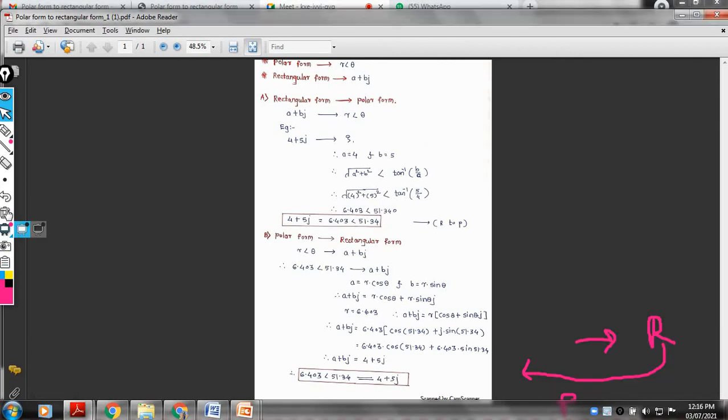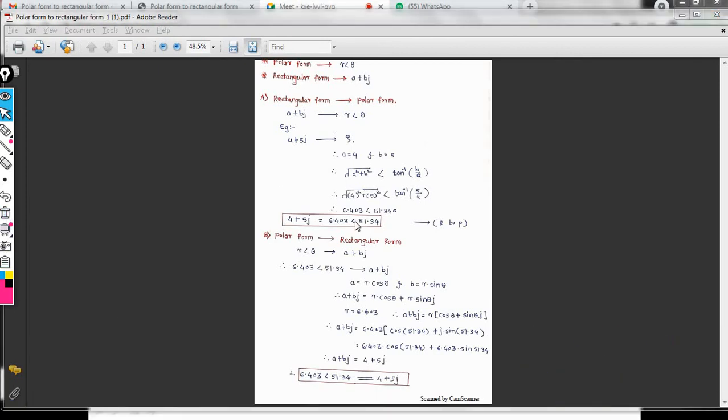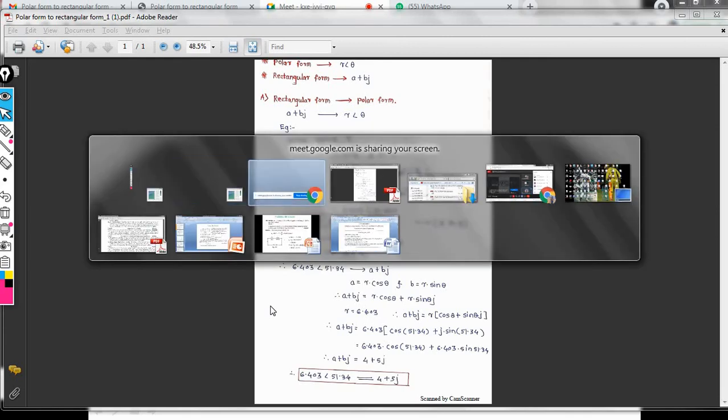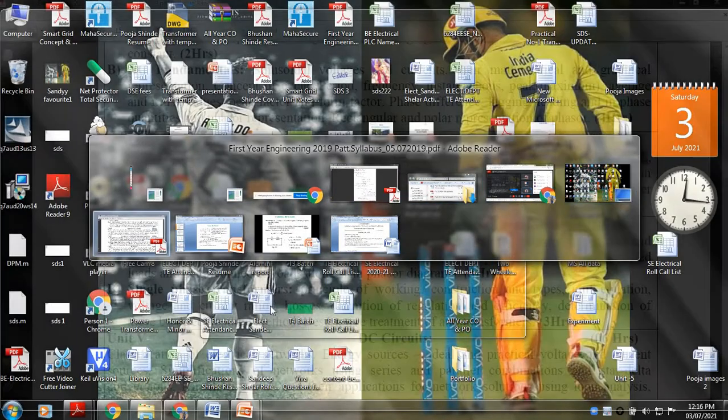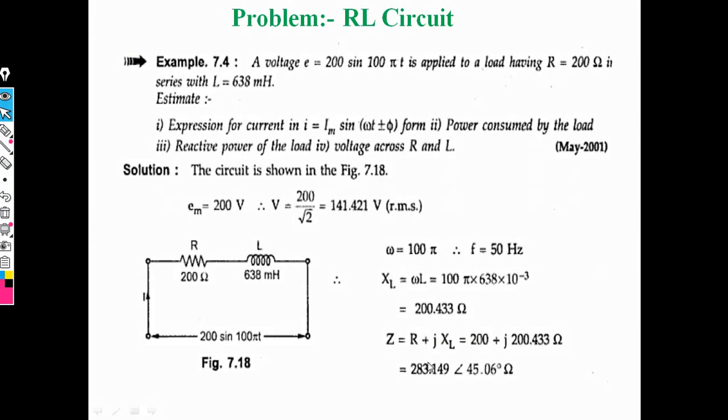Okay, here is the procedure for how to calculate polar to rectangular and rectangular to polar. Now in this problem we have R plus JXL. We consider it as A plus B into J, which is for R less than theta.